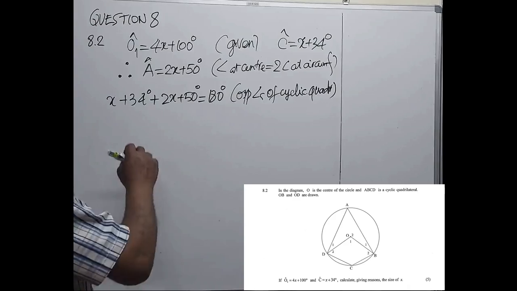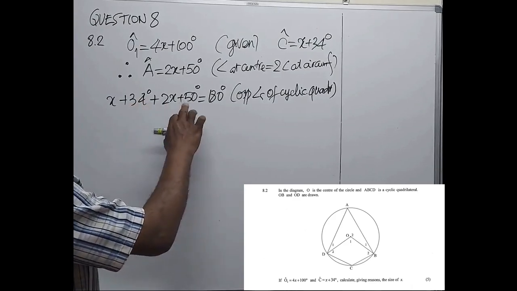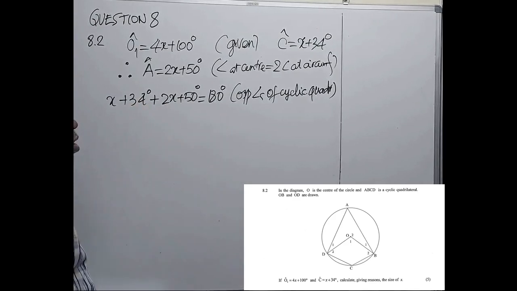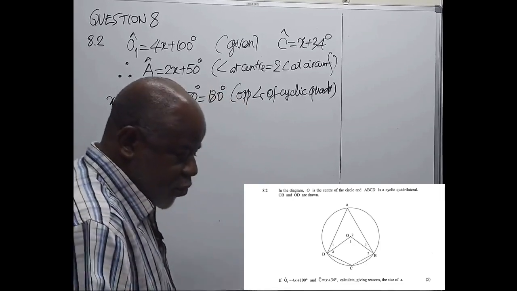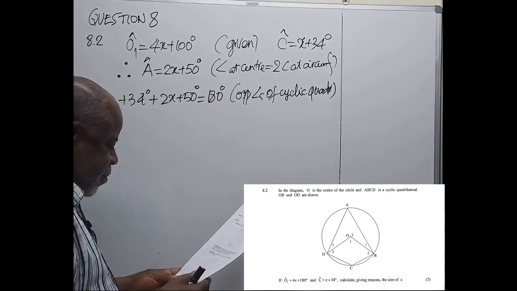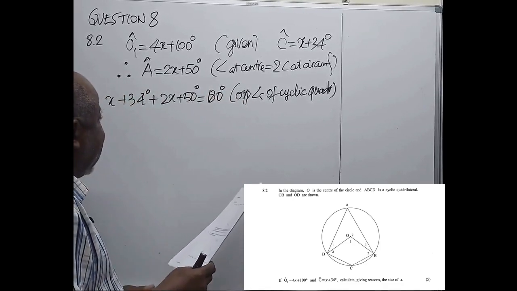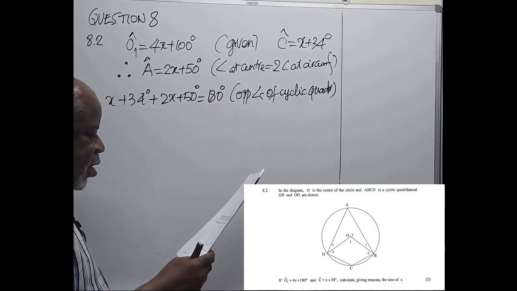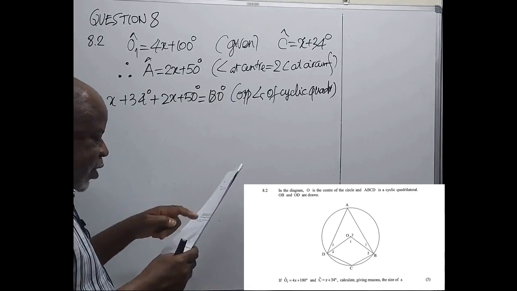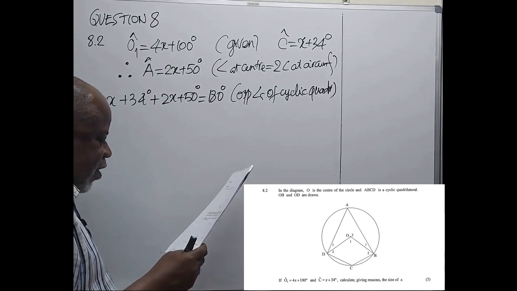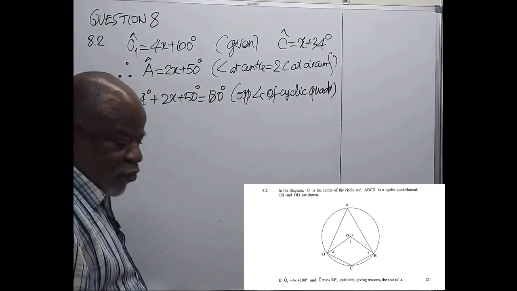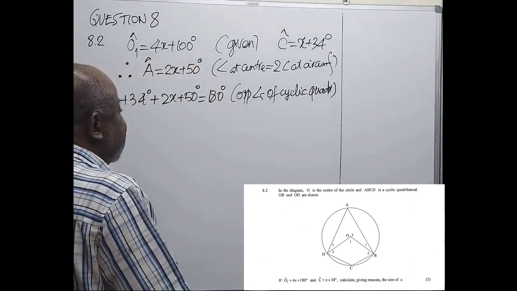It means x plus 34 degrees plus 2x plus 50 degrees is going to be equal to 180. If you watch it very well on your diagram, angle A plus C, their opposite angles, their sum will give us 180.